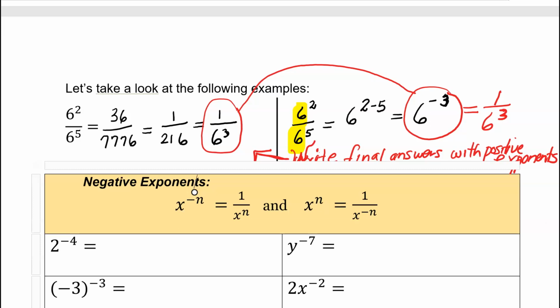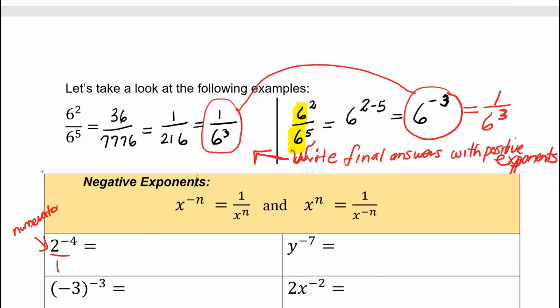All right, next we have 2 to the negative 4. So the first thing you should do when you have a negative exponent is to make that exponent positive. As you can see here, it's considered to be 2 to the negative 4 over 1 right now. So this is considered to be in the numerator.